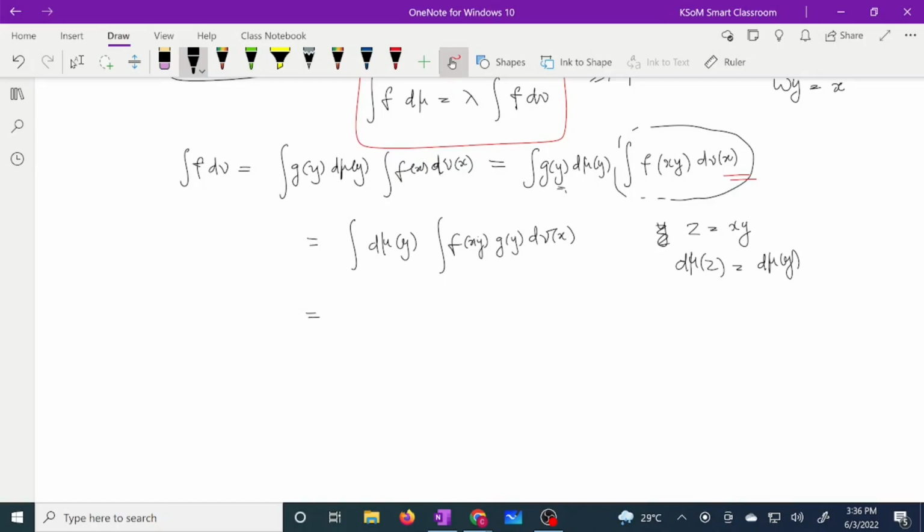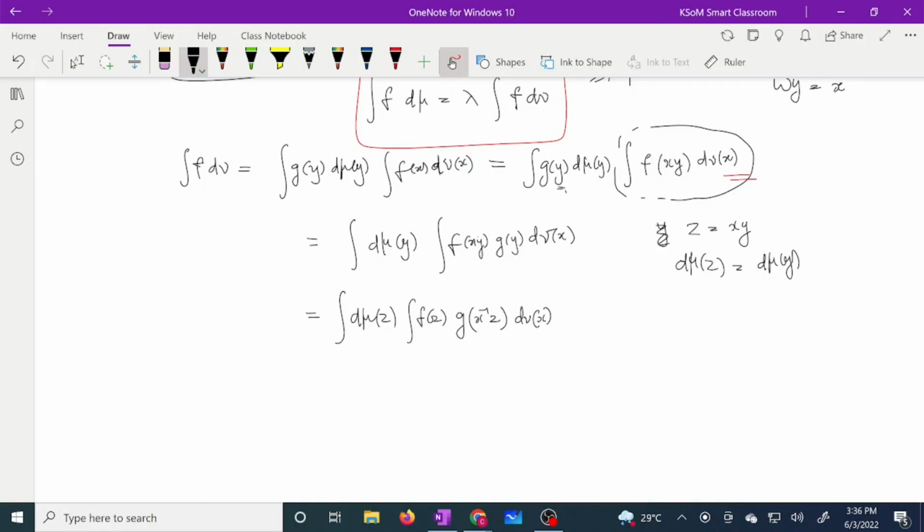Since I am multiplying on the left and mu is left invariant, this thing will be the integral d mu of z, integral f of z, g of x inverse z, d nu of x.